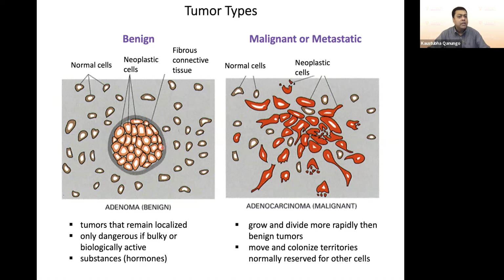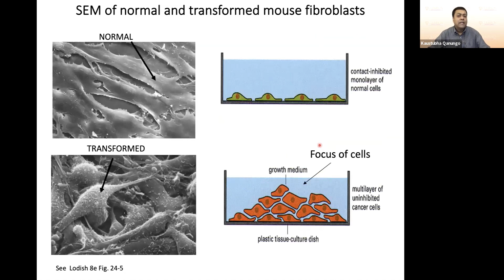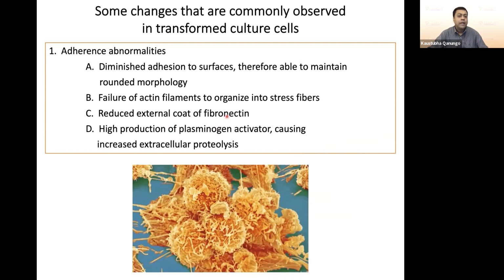The benign tumors still have this layer of fibronectin surrounding them, to which they are attached. But in the neoplastic cells, this fibronectin layer, or fibrous connective tissue, is gone. That's the reason they can migrate out of their space to other places.